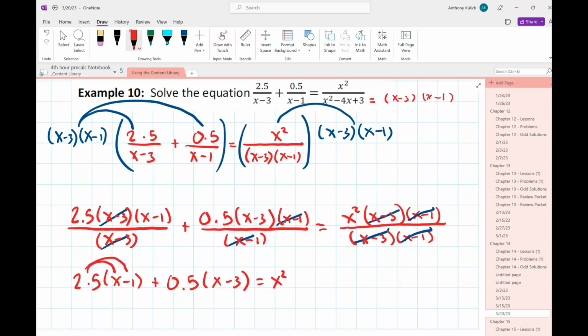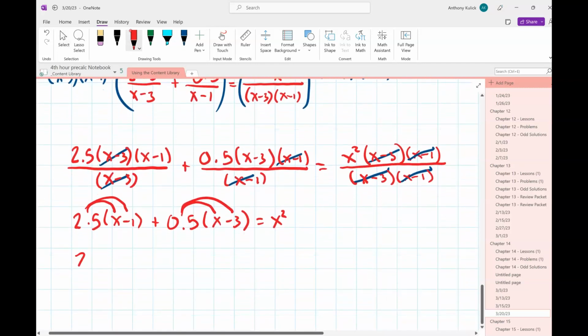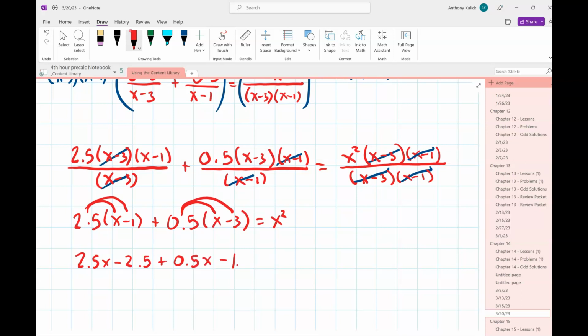We'll then distribute those coefficients through. Then we'll combine like terms and move everything over to the other side.